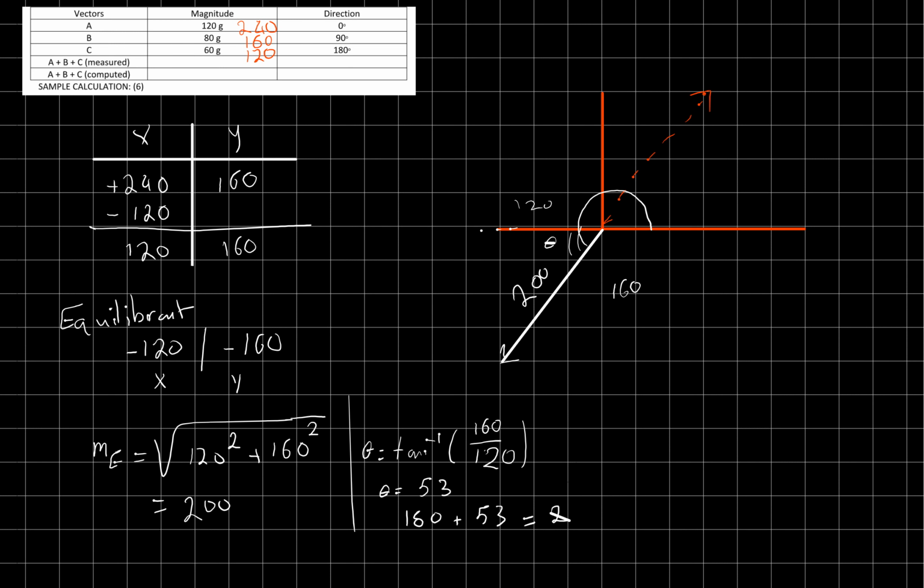Okay, so that's the direction that we're looking for. Again, I changed the numbers up, so please don't copy these numbers. So 200 and an angle of 233 degrees is the direction. Okay, that's it.